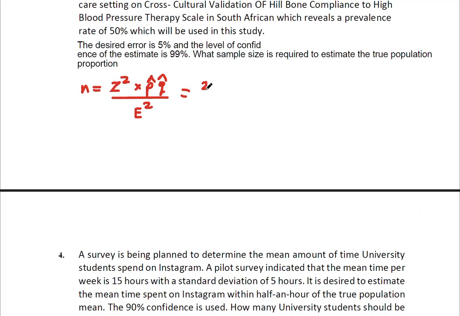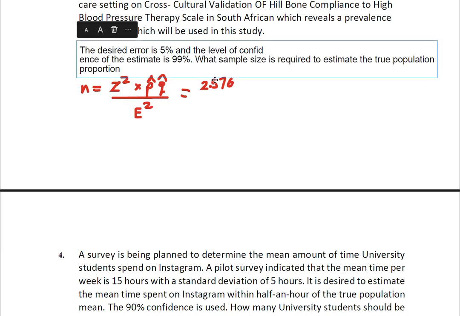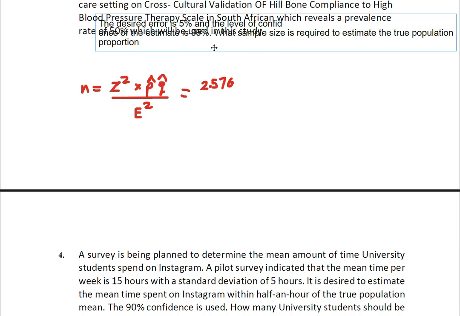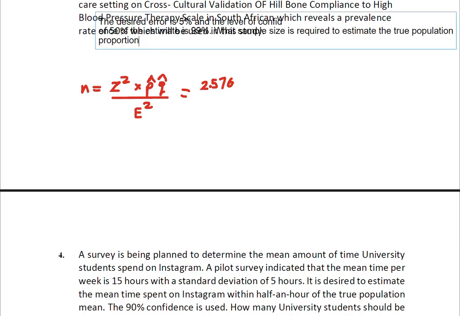So we're going to put here 2.576 squared. So let's push that up a little bit. So it's 2.576 squared multiplied by p hat. Now p hat is given to us in the question as 50%, which is 0.5.